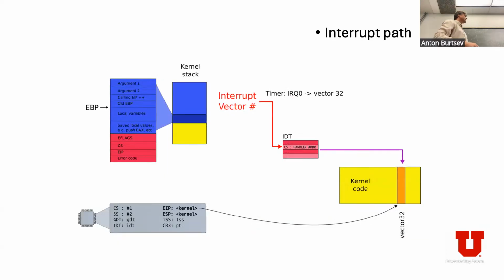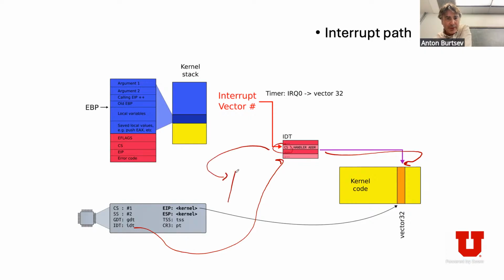Because the hardware says, look, I simply figure out the pointer to the interrupt descriptor table. I will figure out the vector. I will take this code segment, go into the GDT. But we were already running at privilege level 0, so there is no privilege level switch.